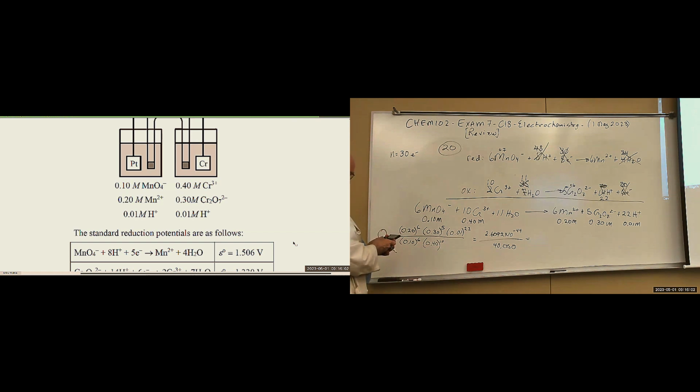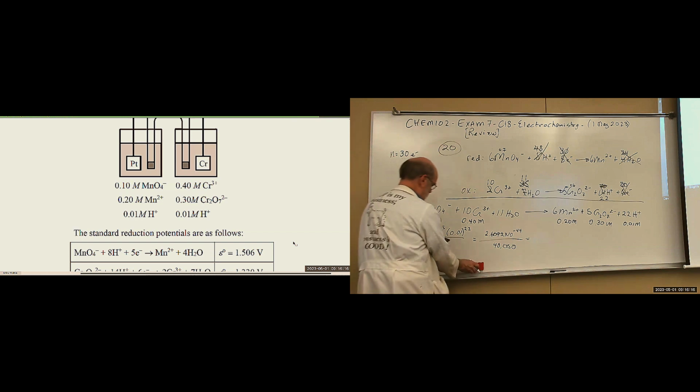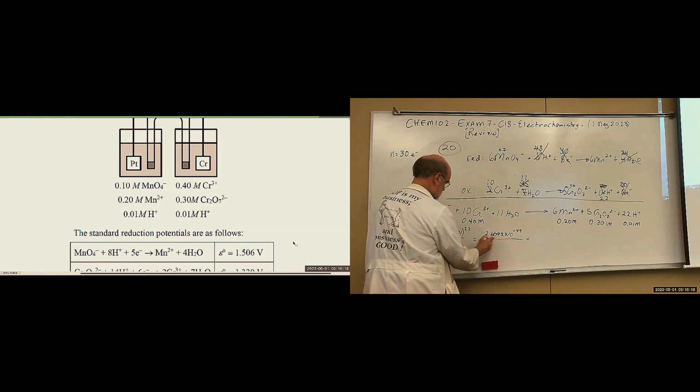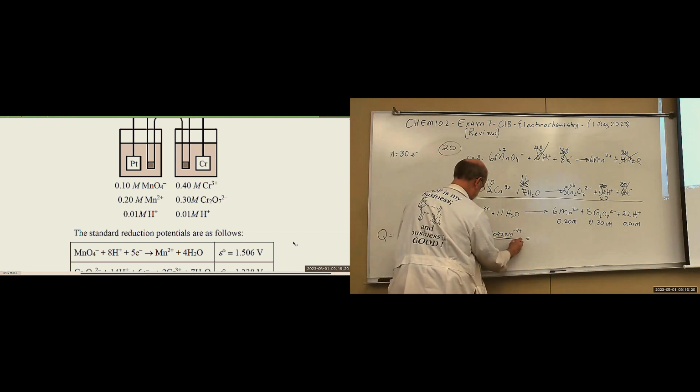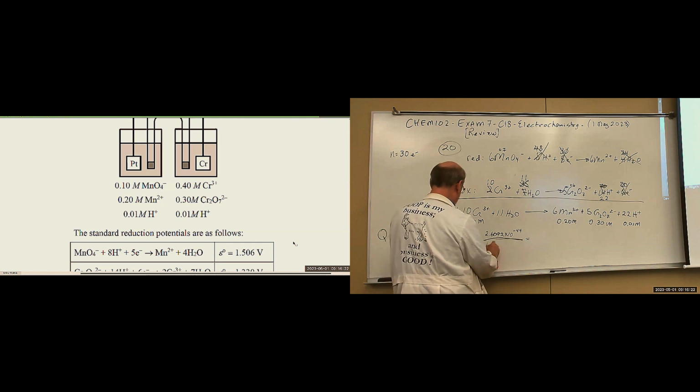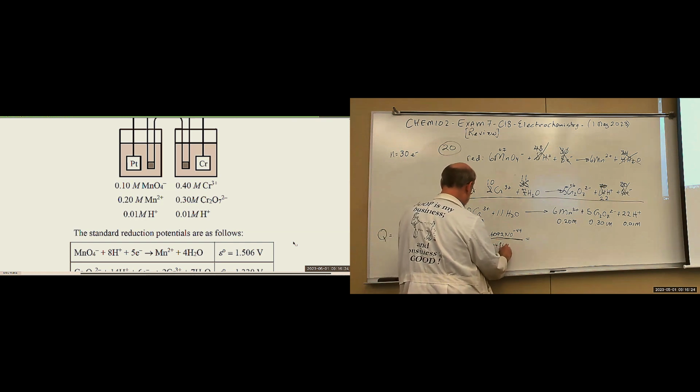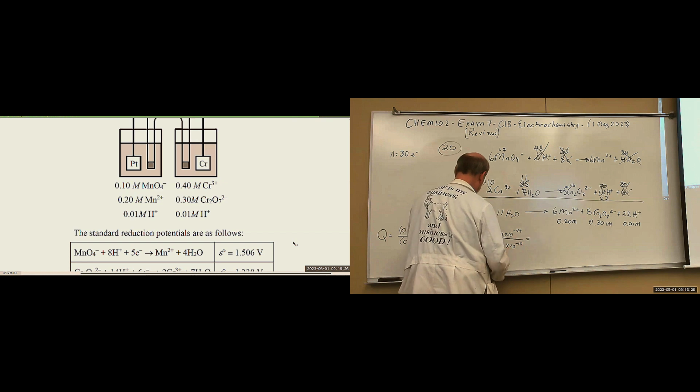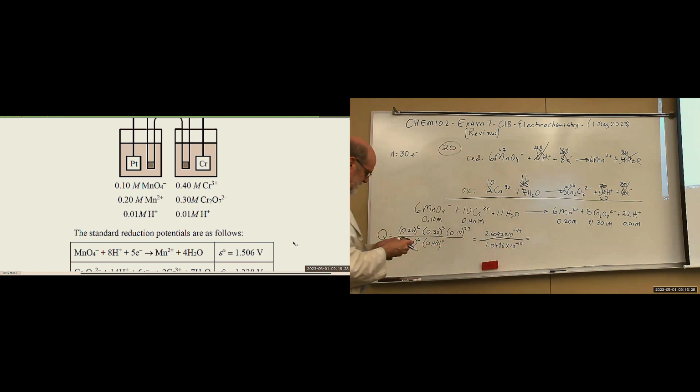0.1 to the 6th power. Okay. 0.4 to the 10th power. Times. I did it wrong. 1.0486 times 10 to the minus 10. Okay.